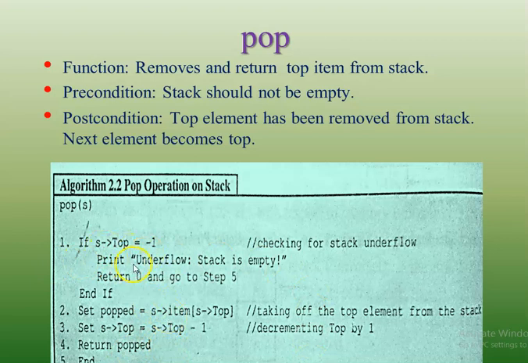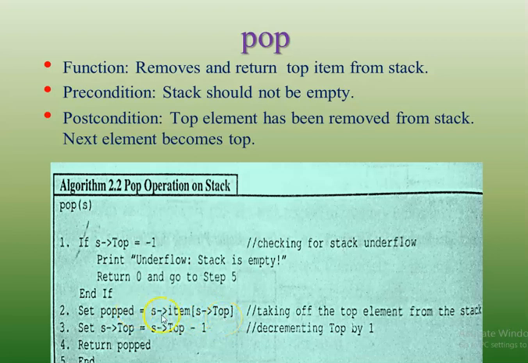If it is the empty case, we will be displaying underflow, stack is empty, and stop the algorithm. Otherwise we have to pop this topmost element. So we are using a variable popped here, and popped is assigned with the value. Which value? Whichever value is lying on the top location of the stack. That is the value at the top index, represented as S arrow item within square brackets, index value S arrow top.